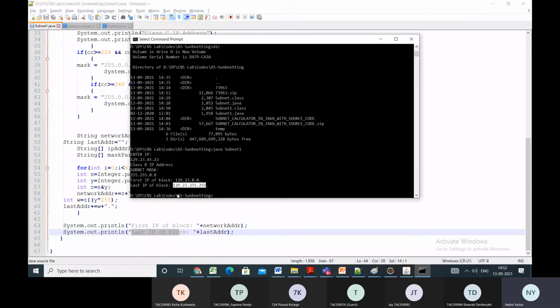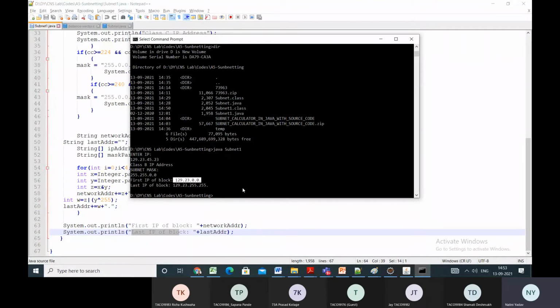So that is 129.23.0.0. And the direct, the limited broadcast address will be 129.23.255.255. So this is how I will be finding the class, the network address, the subnet mask, and the broadcast address for the given block, correct?